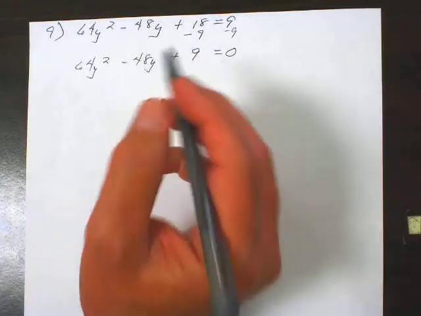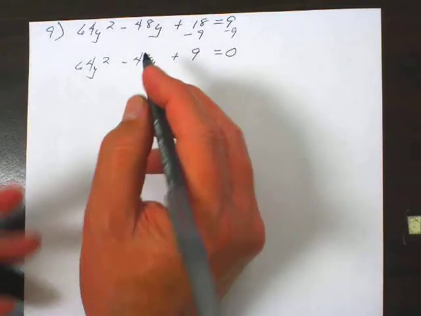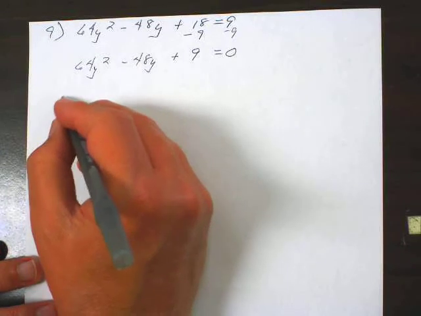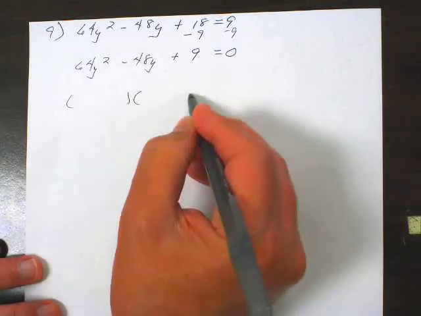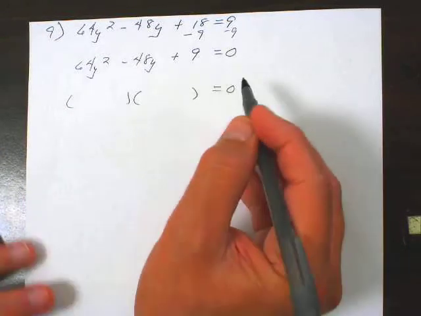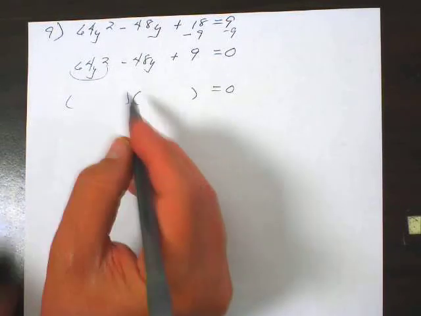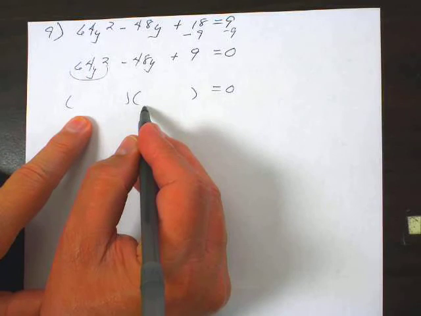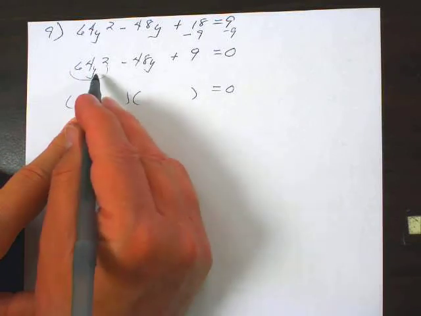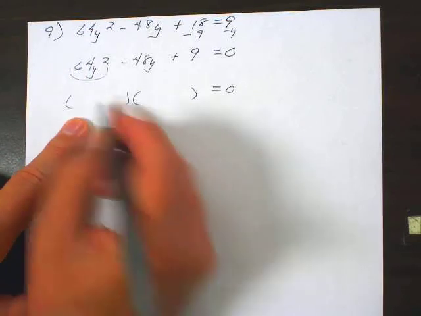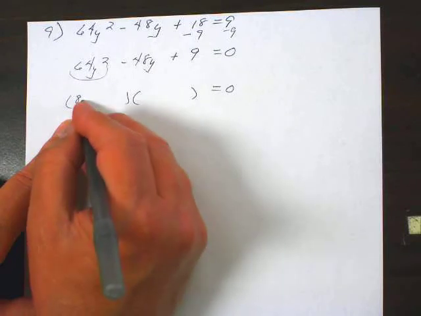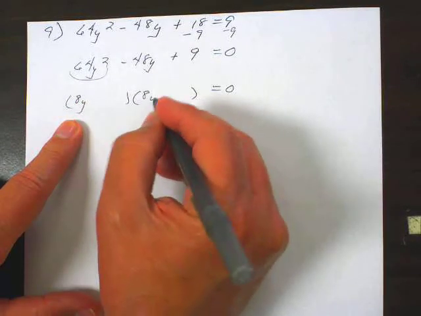So it's a trinomial. Is it a perfect square trinomial here, Haley? Yes. What would I put here and here then? What's the square root of this? 8y. 8y and 8y.